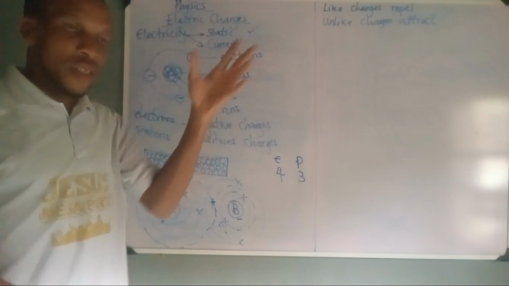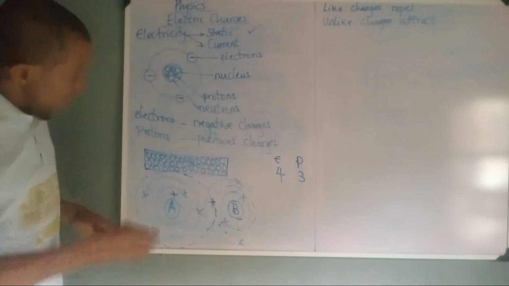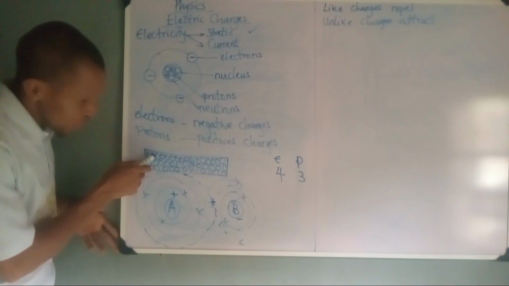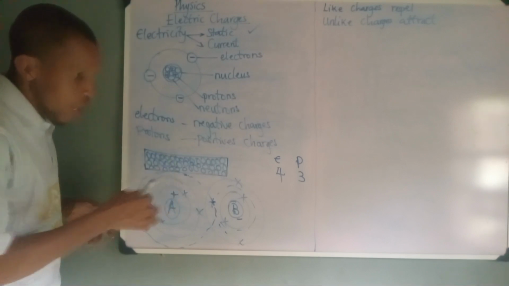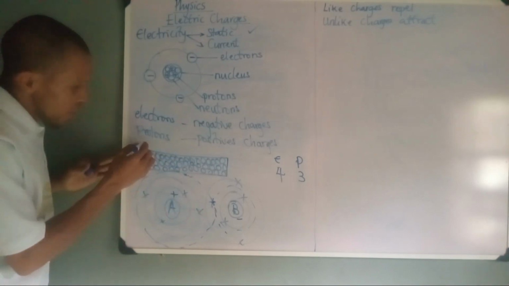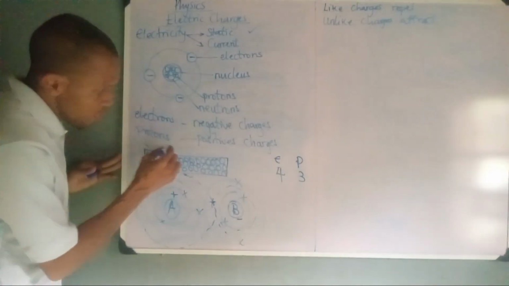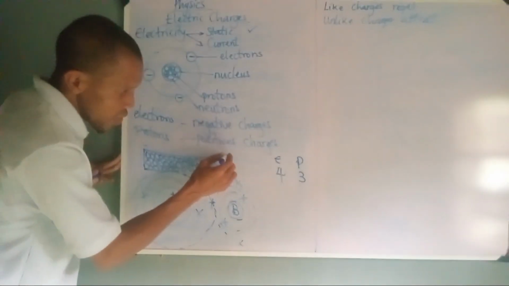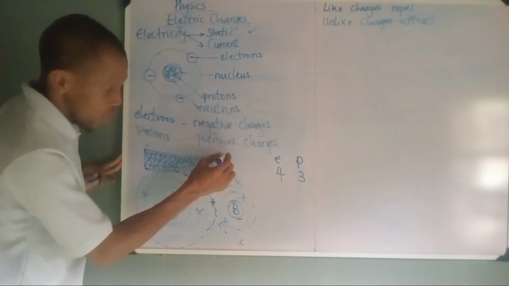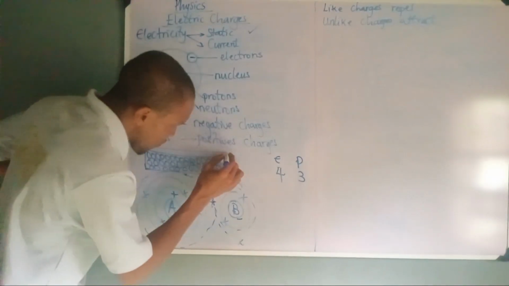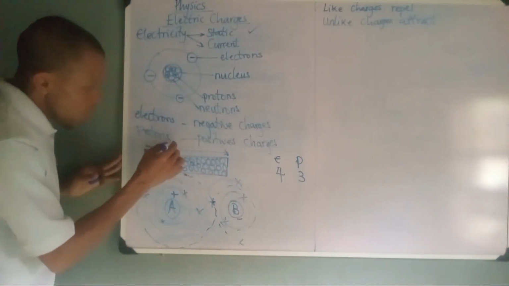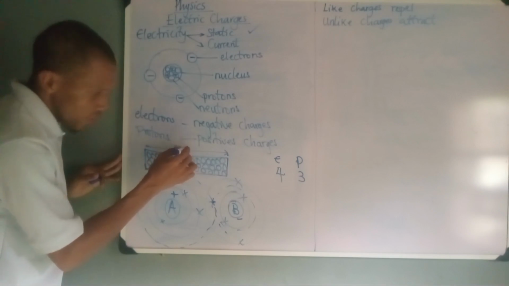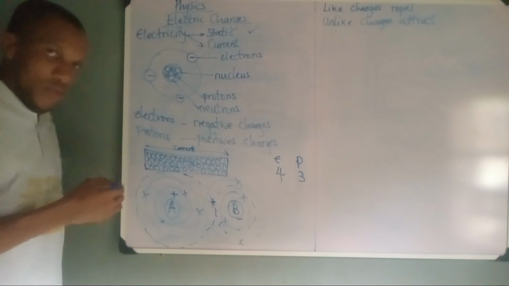Electric charges. But if this atom can transfer charges to this and this can transfer to this, at the end of the day, we realize that charges can be transferred until the electrons move to this other end. Now, this flow of charges leads to what we call flow of current. Okay, but we'll get to that.